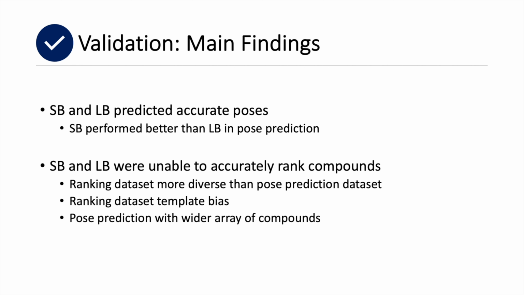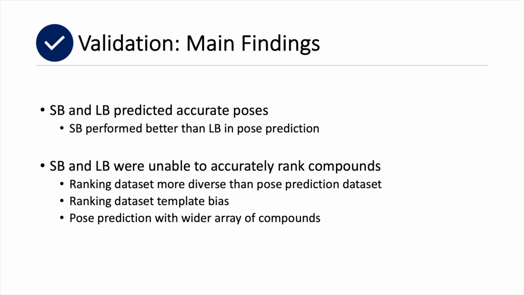A wider diversity of compounds in the ranking dataset may have resulted in poorer pose prediction compared to the smaller controlled dataset used in pose prediction. Additionally, the dataset used for ranking may have been more biased toward the template used in LB, resulting in the better observed ranking by LB compared to SB.